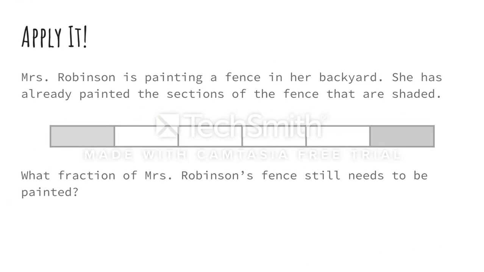Now, let's apply it. Solve the following problem in your math notebook. Mrs. Robinson is painting a fence in her backyard. She has already painted the sections of the fence that are shaded. What fraction of Mrs. Robinson's fence still needs to be painted?